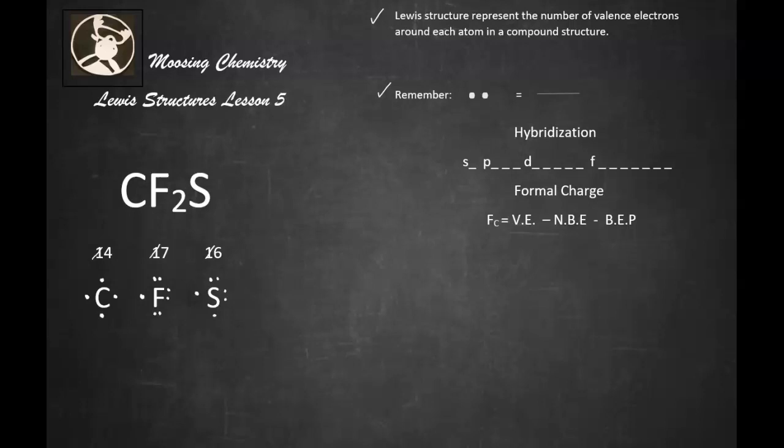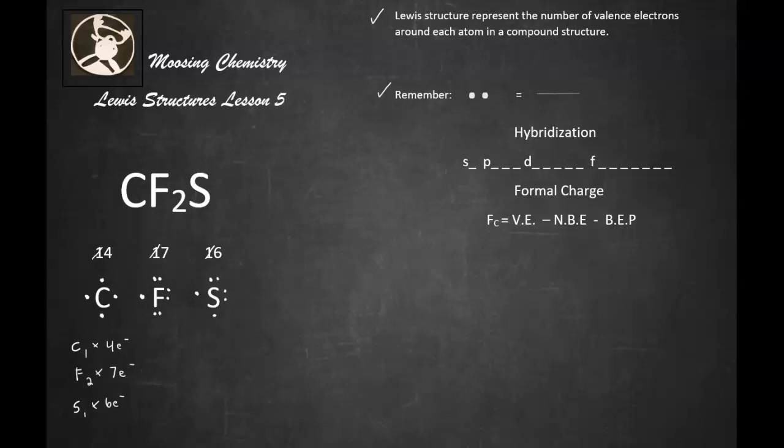So what we're going to do is set this up. We're going to figure out the total number of valence electrons that we have. We have 1 carbon at 4 electrons, 2 fluorines at 7 electrons, and 1 sulfur at 6 electrons.